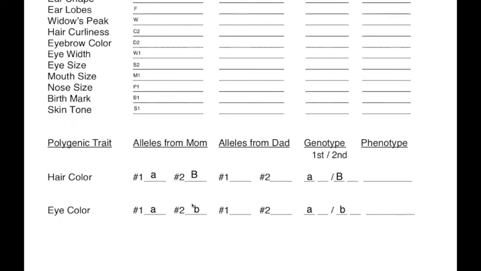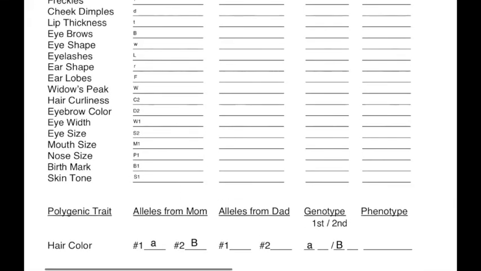So taking a look at mom here, mom flipped a coin, and she got tails for lowercase a. And then she flipped a coin again for a different location on the chromosome, and this time she got heads and got a dominant B. A is the first one, B is the second one. So just for hair color, she flipped the coin once and got her letter.